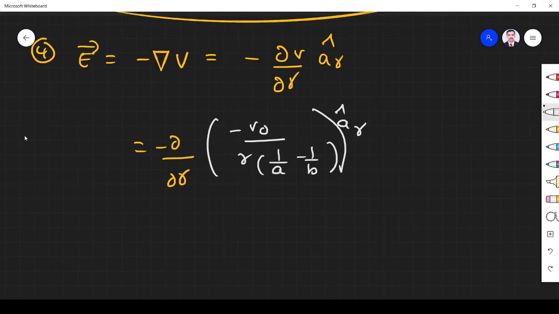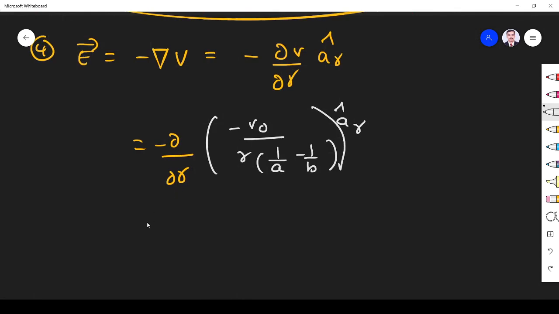What happens? If you differentiate, minus minus cancel, V naught is constant, 1 by A minus 1 by B is constant. If we differentiate r, what you get is minus 1 by r squared, right?